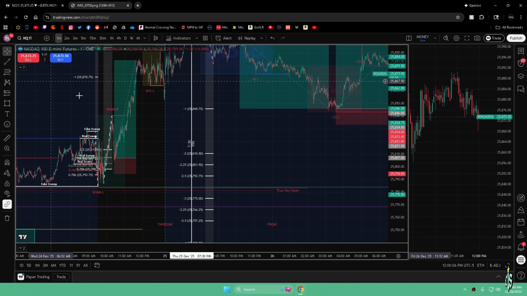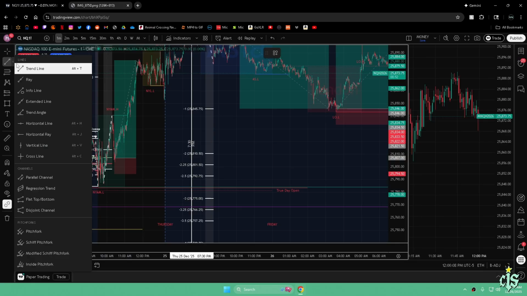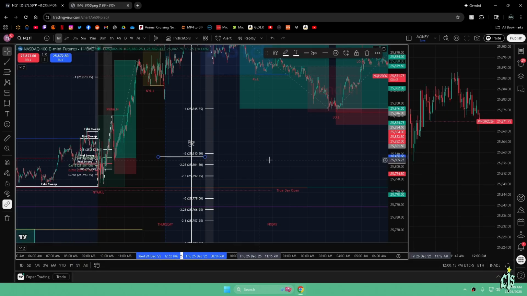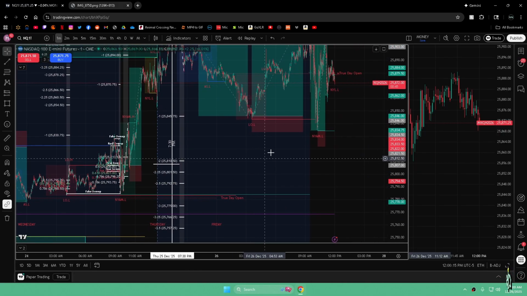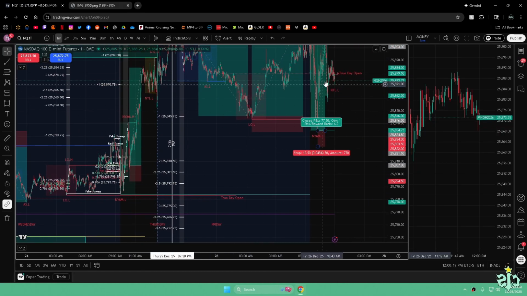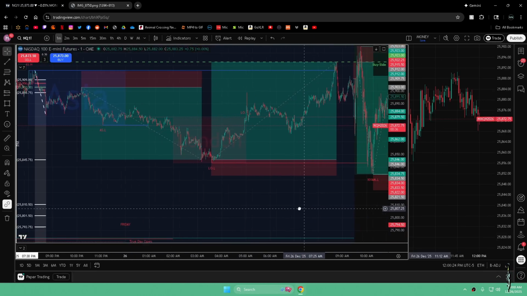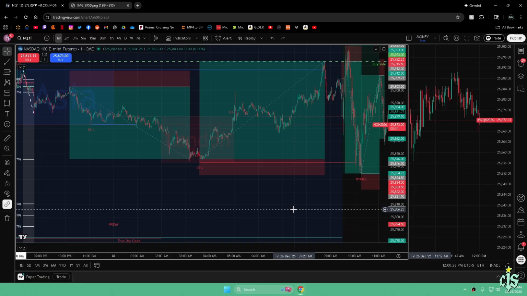When you draw your fibs, you could draw a trend line. That's what I do, and just mark it. And then whenever it taps, see how it reacts, or you could just trust it and get out of your sell to go for buys. And ping pong market.